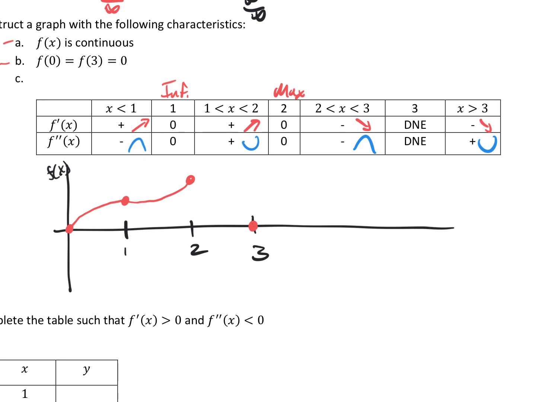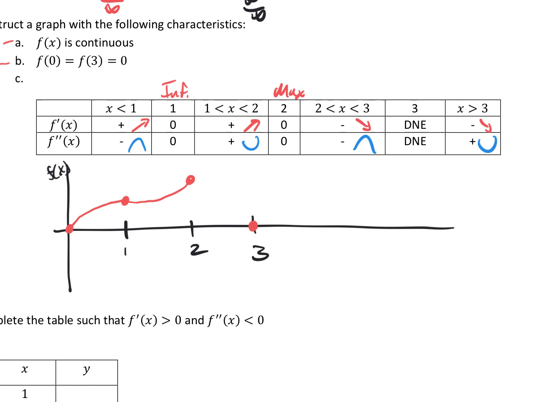Is it possible to have a derivative here with concave up and increasing? It's actually not, so we run into a problem. If we're decreasing concave down, that has to go something like this, and once we do that, this is pointy.